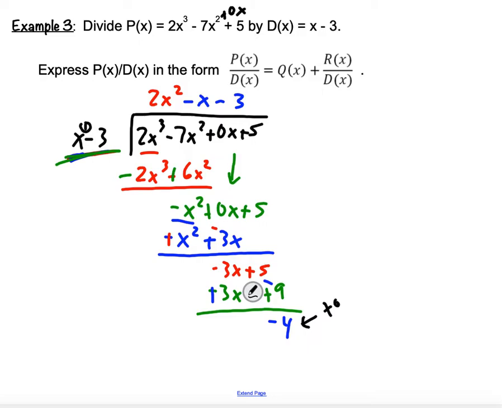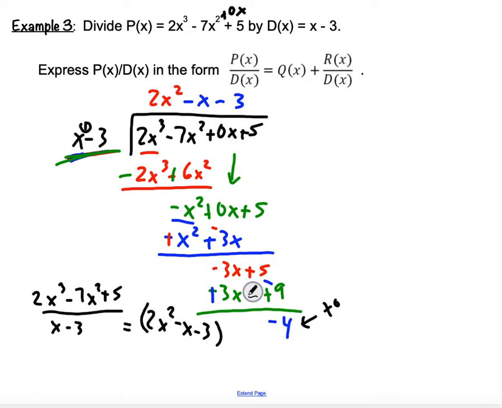So let's write it out. To write this one out in a different form, we're supposed to do p of x divided by the divisor, x minus 3, is equal to our quotient, and then plus our remainder divided by our divisor.